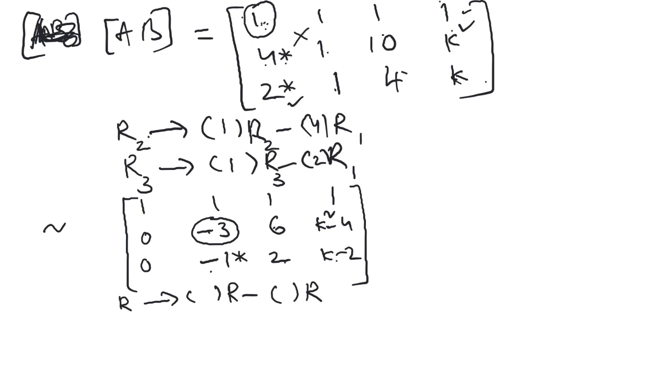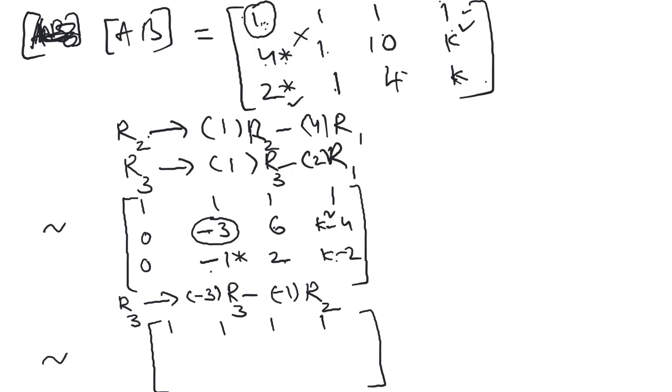Now the star is located in the third row, so it should be 3, 3, and the circle is located in the second row, so it should be 2. The first brackets are meant for the contribution of the circle, and the second brackets are meant for the contribution of the star, minus 1, right? Now I am applying this operation conveniently, so that R1 and R2 will not be affected.